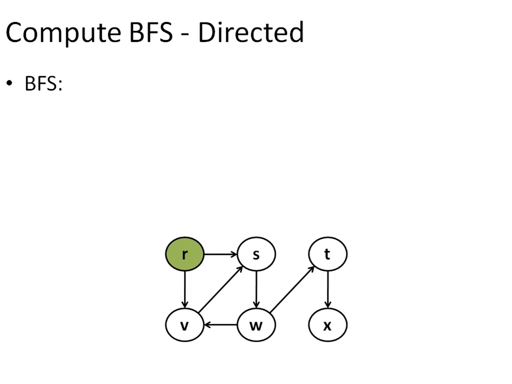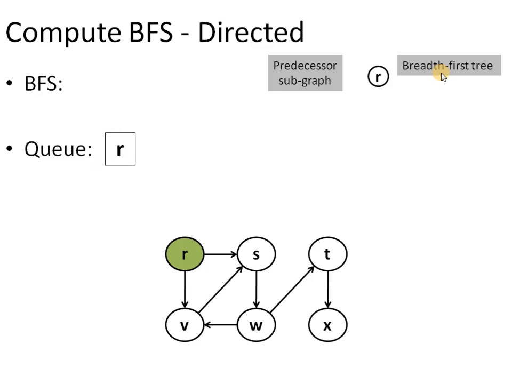Next we are going to look at another example, and now we are going to start with a directed graph this time. So this is the given graph, and the starting vertex is given as R. So we will have a Q, and R, since it is the starting vertex, has to be NQ'd, and accordingly the breadth first tree will have R as the root.